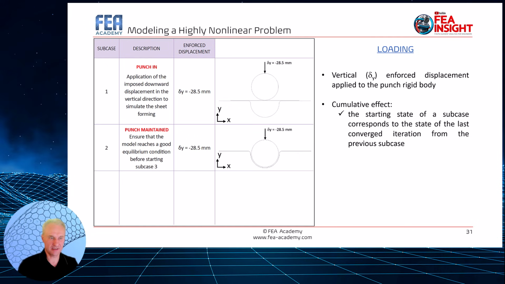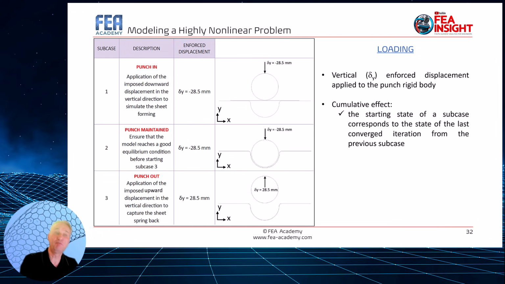Then the second subcase, I call that the punch maintain. This subcase ensures that the model reaches a good equilibrium condition before starting subcase 3, which is the punch out.